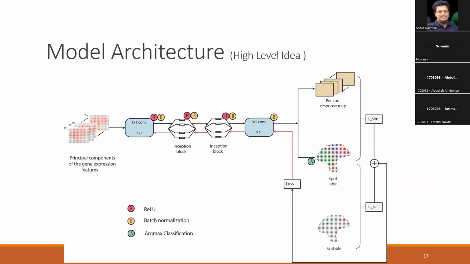Doing an argmax, we get the spot label for this epoch, and with that we calculate the similarity loss between the spots. We also compare the spot label with the scribble to find the agreement between the scribble and the spot label. With this, we get a scribble loss. Combining those two losses, we get the final loss component, and this is used to backpropagate and train the model.